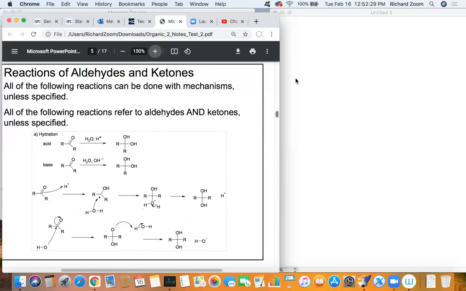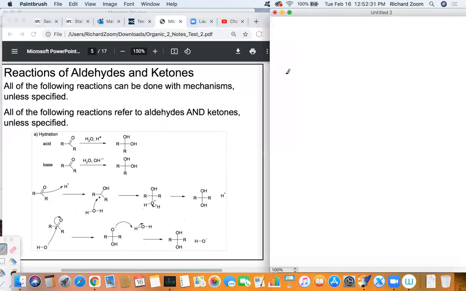So when we're dealing with the acidic mechanism, I'll show you an example of this. You might see H2O, H plus. You might also see H3O plus. That might be a possible way you might see that expressed as well. They mean the same thing.